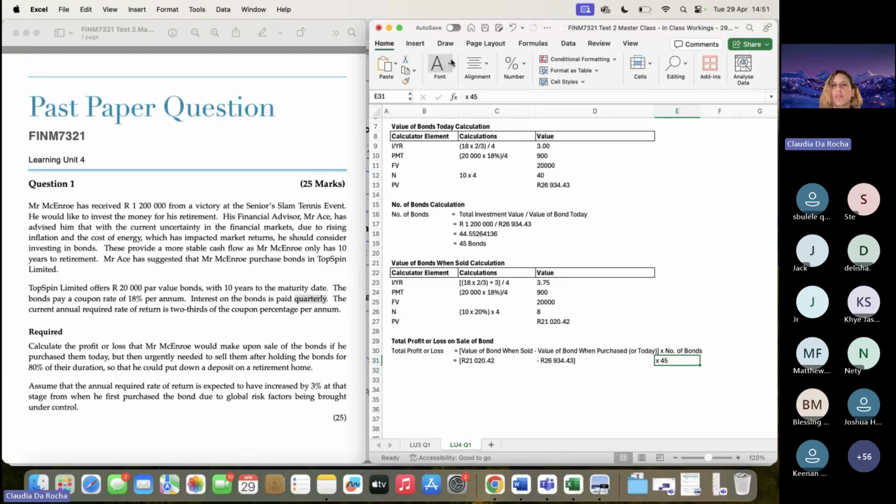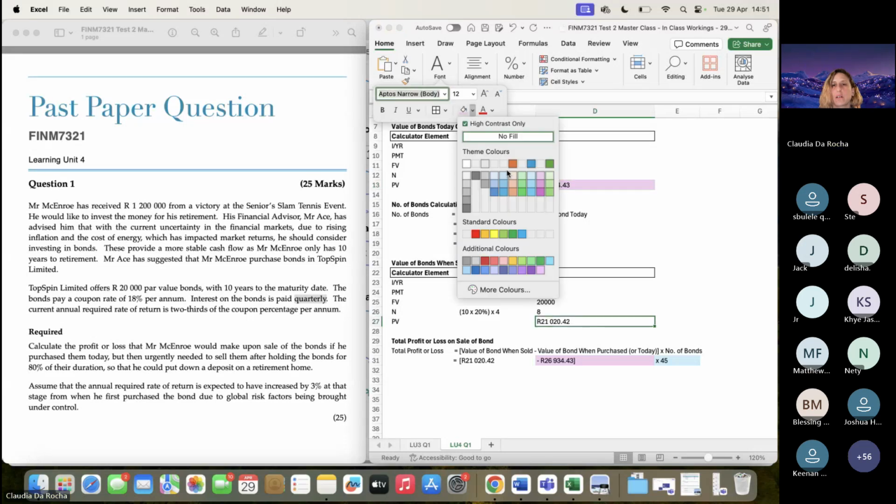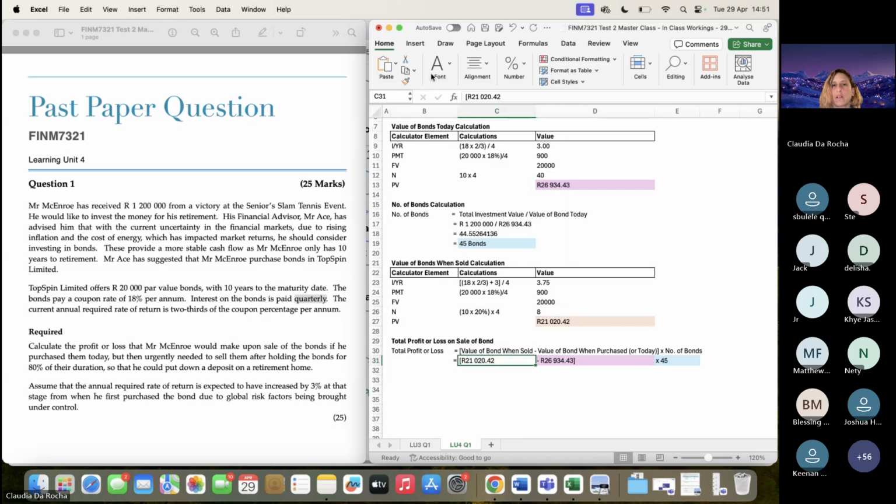This 45 comes from here, just so that we remember where we're bringing it from. This 26 comes from our answer. So again, if you by chance got this wrong or missed anything, if you're carrying through the right values, you will get it right.